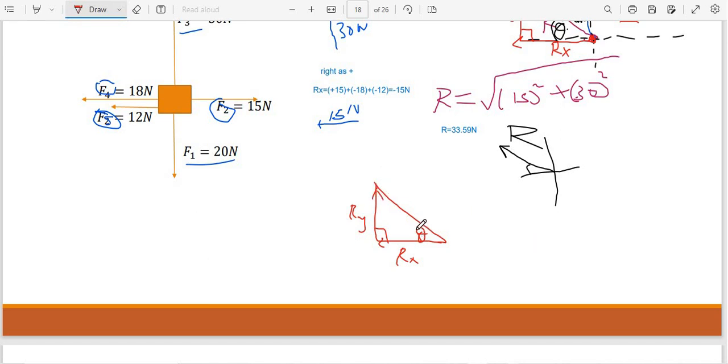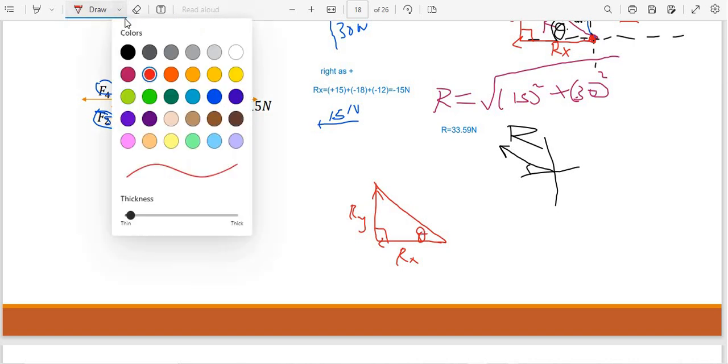If we look at the right angled triangle, we know what this length is. This is 30 Newton. We know what this is. This is 15 Newton. And the 30 Newton side, Ry, is opposite to the angle theta. Remember, when we say a side is opposite, we mean it is facing.